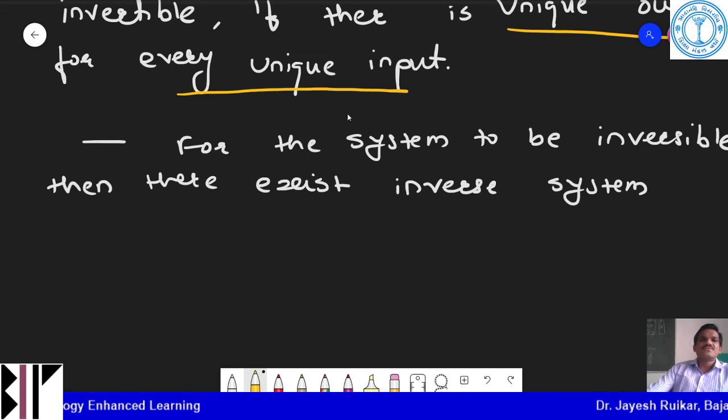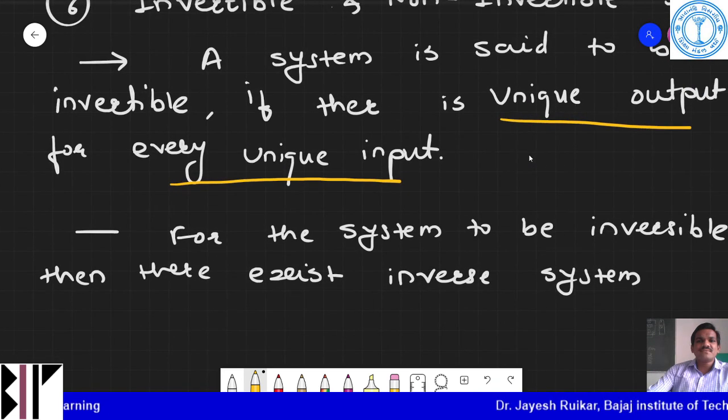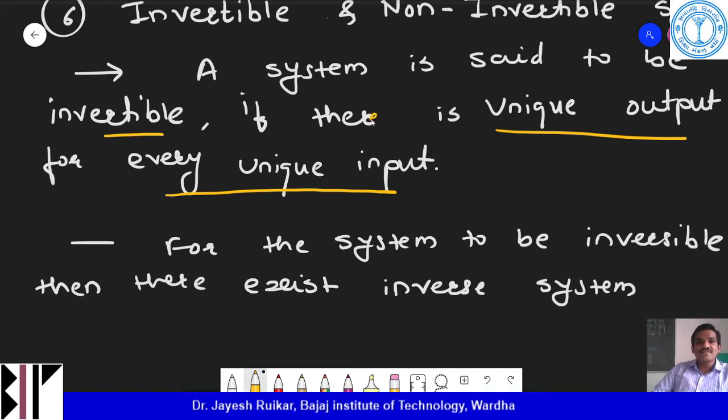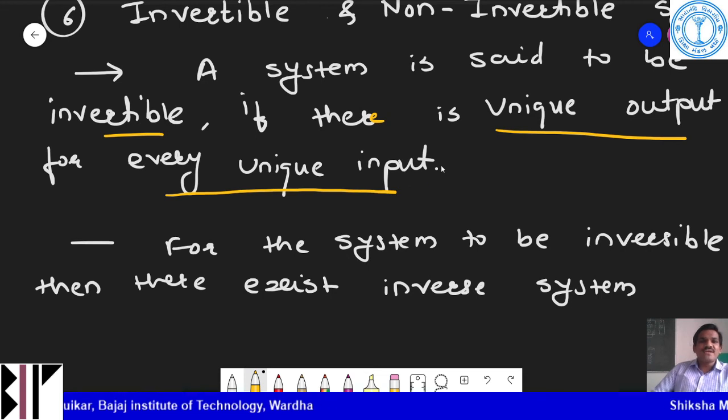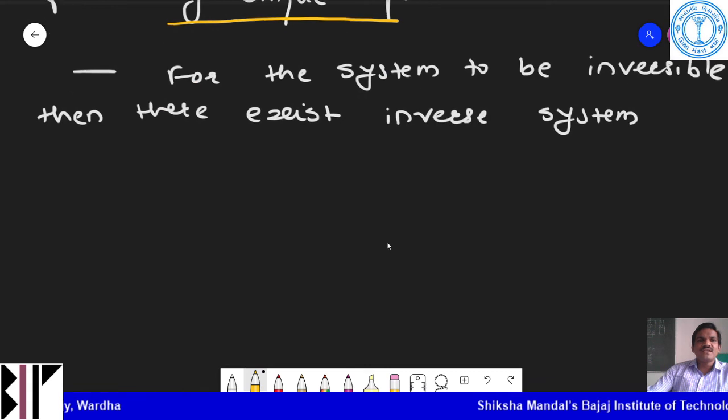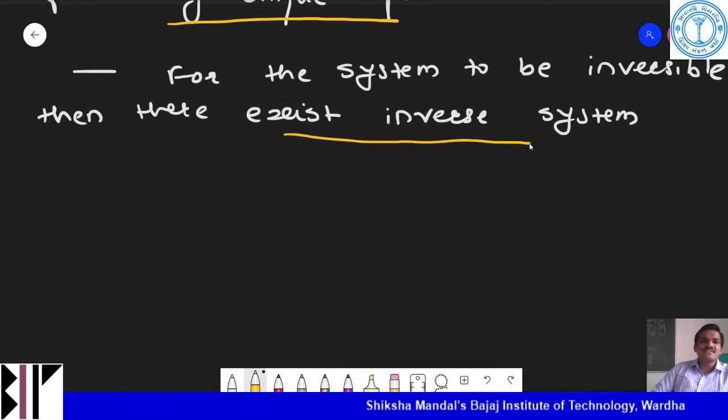So what is an invertible system? A system is said to be invertible if there is a unique output for every unique input, and for the system to be invertible there must exist an inverse system.